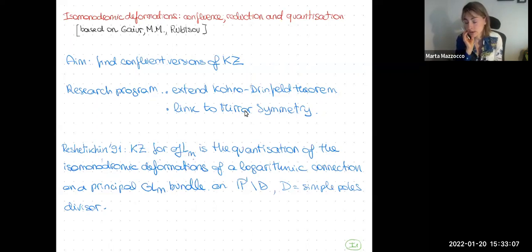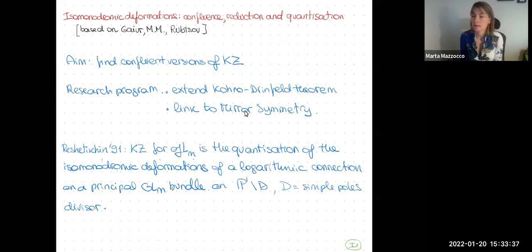It is very important, though, in representation theory, because they arise as the equations satisfied by certain module homomorphisms for affine Lie algebras. So they have their own importance in mathematics and are related to many algebraic constructions, including the theory of R matrices and the representation theory of quantum algebras and so on.